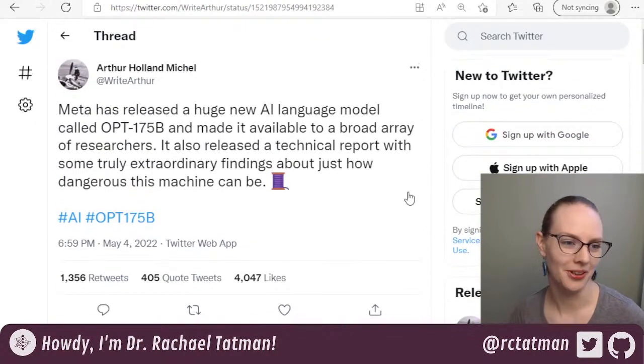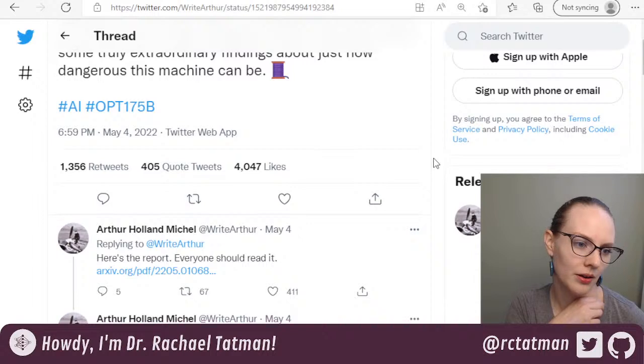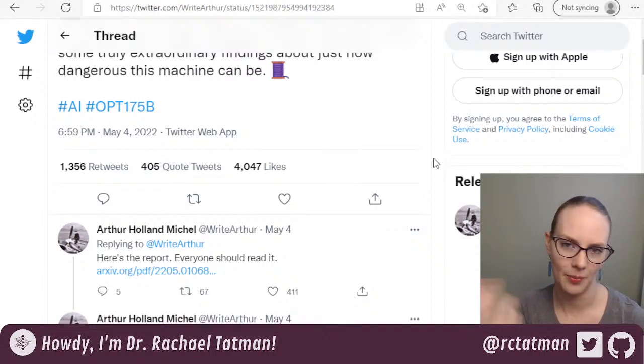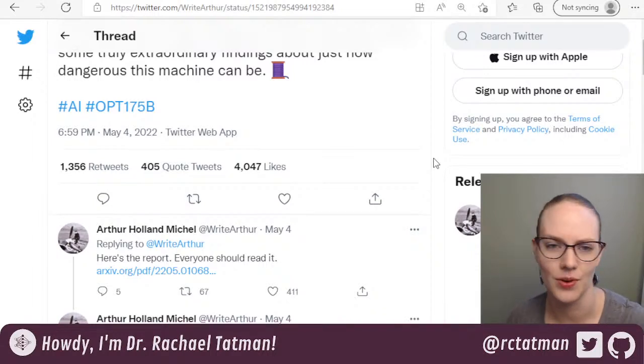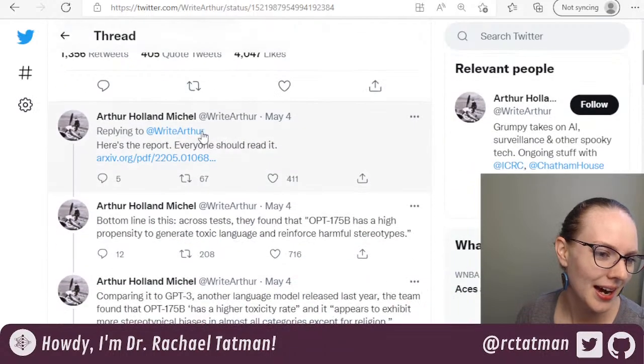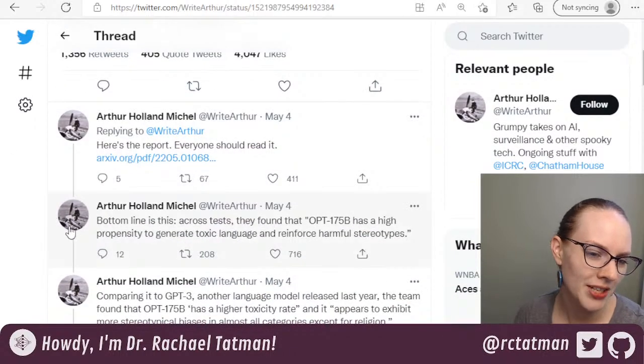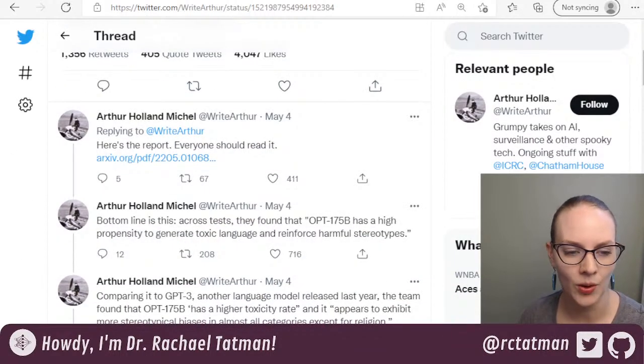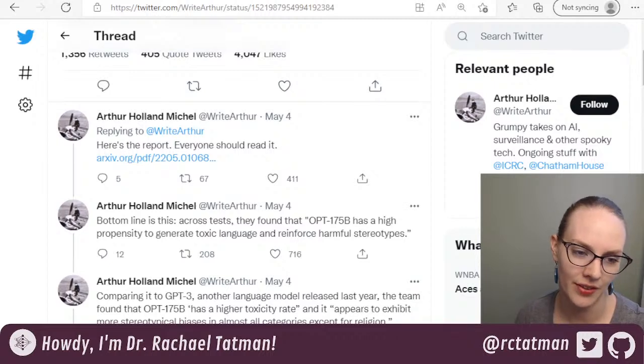So speaking of harmful, Arthur here has picked out bits of the report, so I'm just going to use this instead of reading through it because I am tired. Bottom line, across all tests, they found that OPT 175B has a high propensity to generate toxic language and reinforce harmful stereotypes.